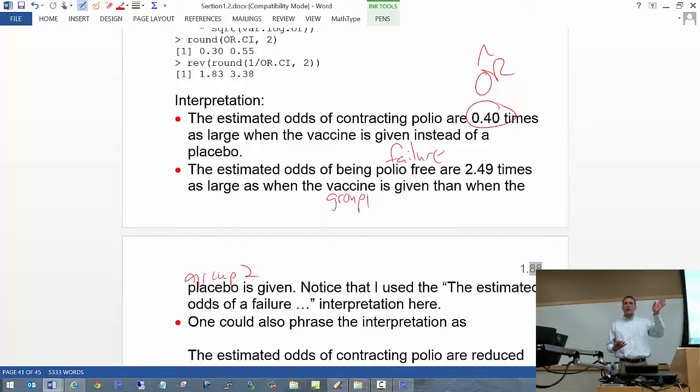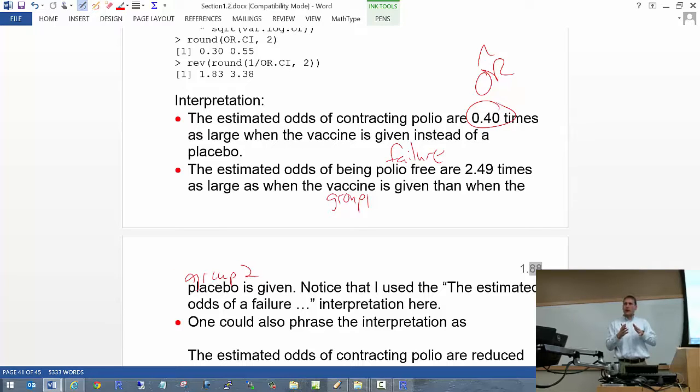Now, one reason why I do this is because I showed you basically four different ways to interpret the odds ratio. I would think that what would be more of interest for researchers when they state it in their paper is that they're very concerned about knowing, is this vaccine working? Is it reducing the incidence of polio?